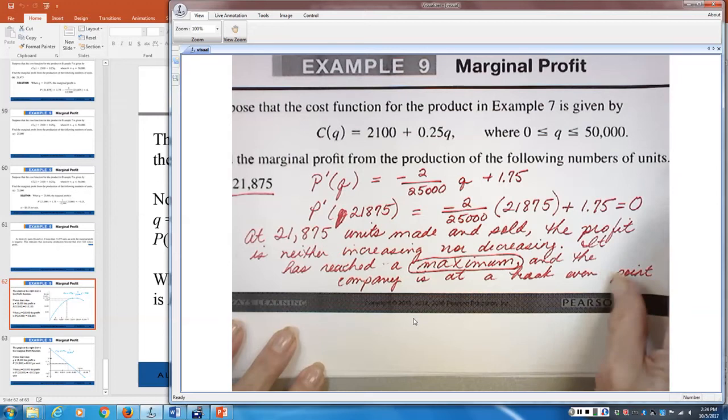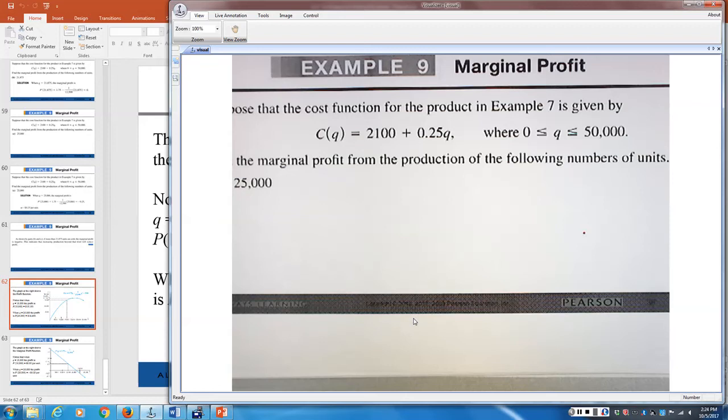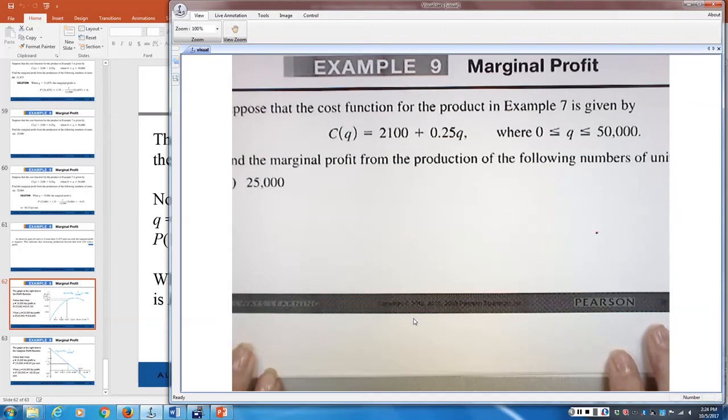So y'all are asking good questions, and this is where I want it to make sense to you. And that would be where maybe when it was 25 cents. Right. And then the third one says, what if you make 25,000 units?